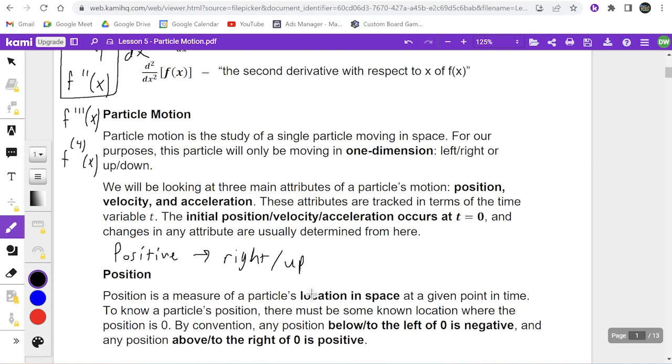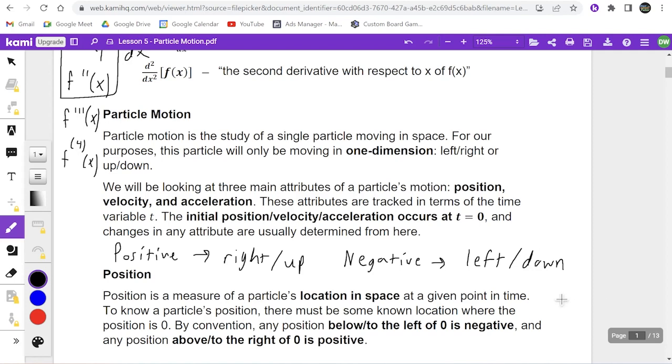In other words, the particle is moving to the right or it's moving up. We define that as positive. If you get a negative answer for any of these answers today, then we would say the particle is moving left or down. Okay? Either one of them. It depends on where it's moving. And we'll talk about that more later.